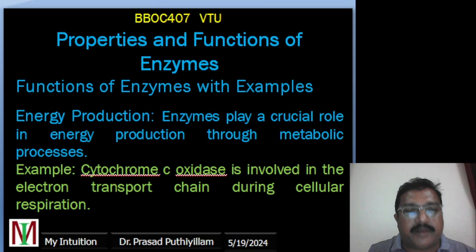Whenever the food molecules are broken down and energy is produced, that energy is distributed to the entire body, to each cell. That work is done by an enzyme called cytochrome c oxidase. Not one enzyme, but many millions of cytochrome c oxidase will be doing this function in a systematic way.